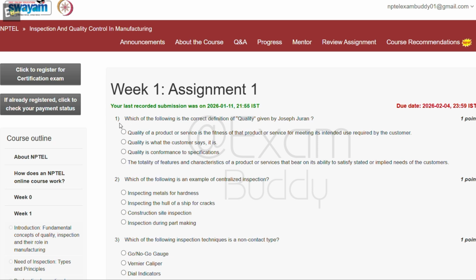The first question is, which of the following is the correct definition of quality given by Joseph Juran? The options are: Option A, quality of a product or service is the fitness of that product or service for meeting its intended use required by the customer. Option B, quality is what the customer says it is. Option C, quality is conformance to specifications.